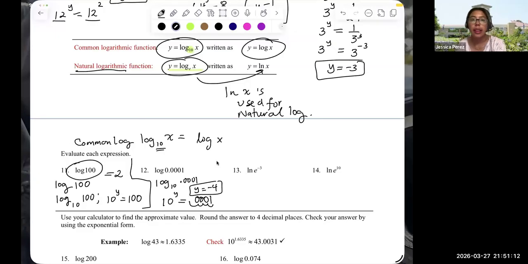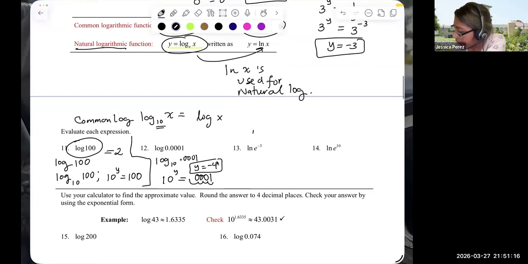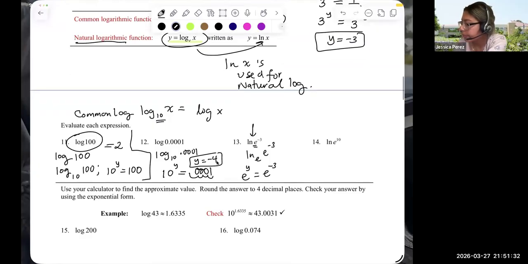Okay. Then here, now look at the base. Now you have ln, so it's ln of e to the negative 3. So e to the what power gives you e to the negative 3? I had to change it to exponential. That's negative 3. And then what about this one?